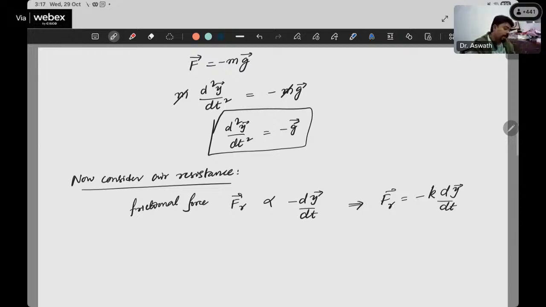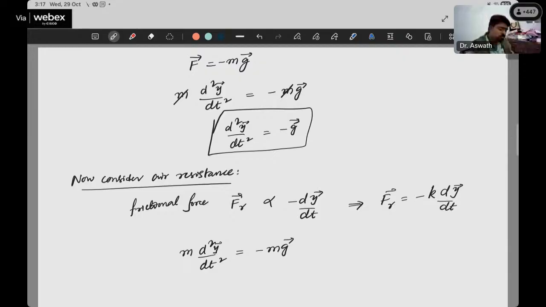Now, if I add this into the above equation, the above equation was m d²y/dt² = -mg. The resistive force again: something is moving down, so the resistive force is going to move up.